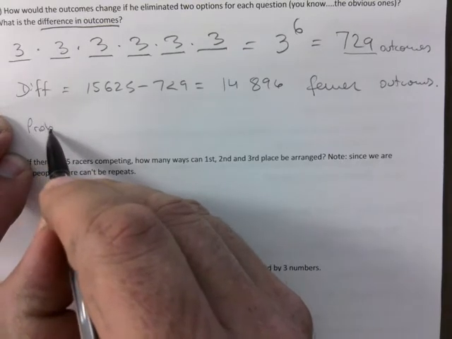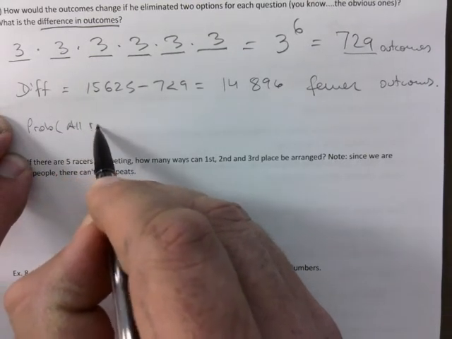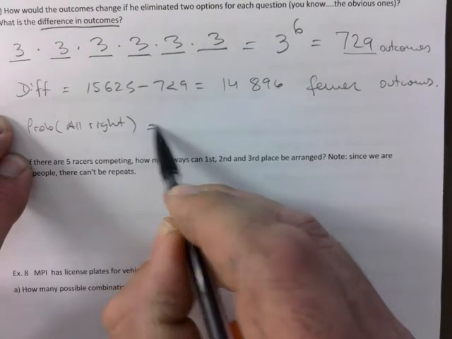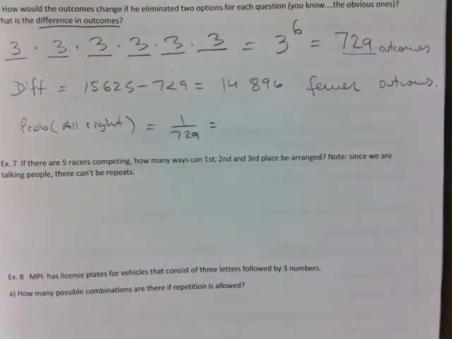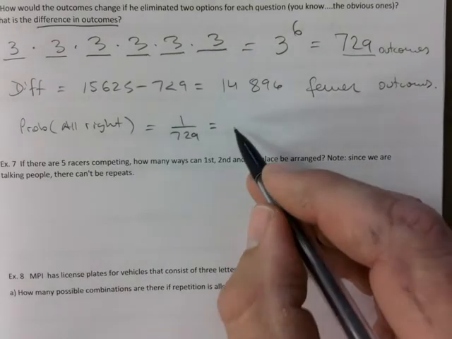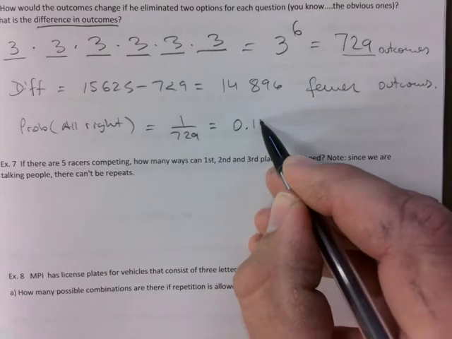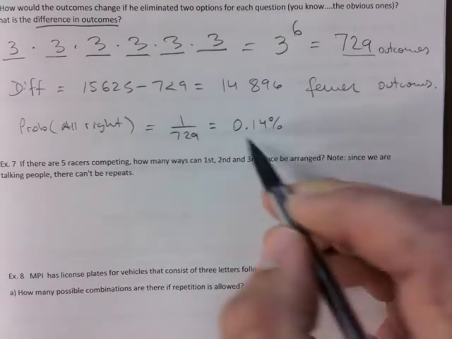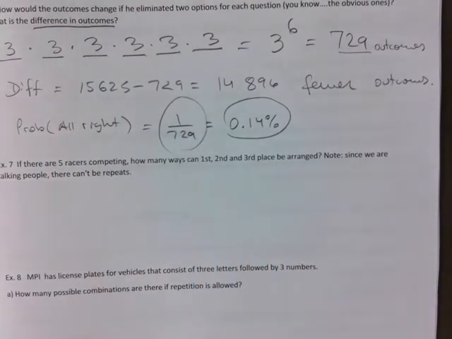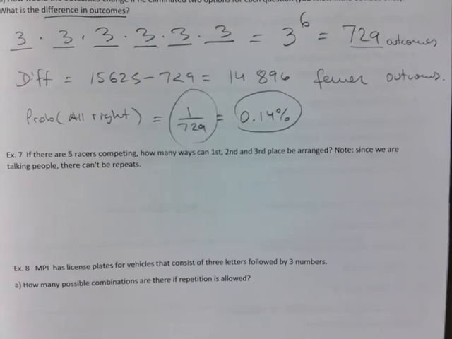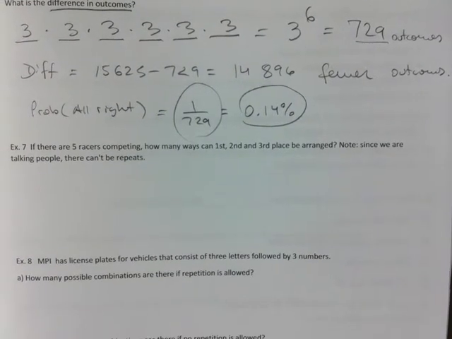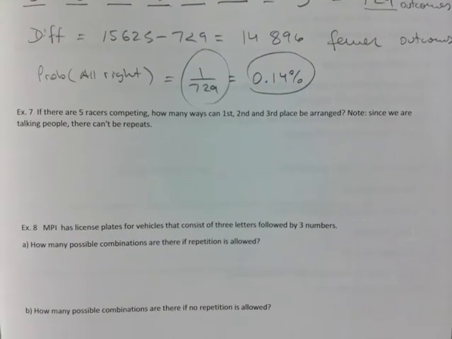Probability of all right would be 1 over 729. And 1 divided by 729 times 100, your chances are 0.14% more or less. So a lot better. Still not great, but better. If you could eliminate 1 more, then your chances would be significantly increased.